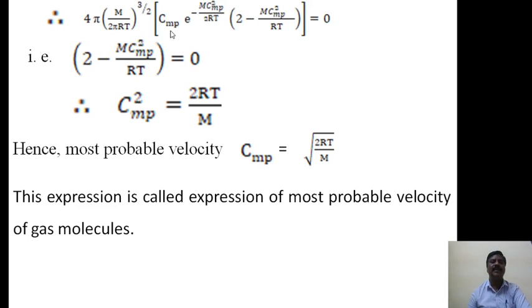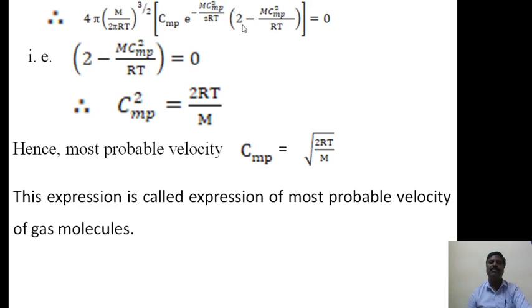We have taken it at its peak level, so it is 0. Therefore c_mp into e to the power of minus m c_mp² divided by 2RT into 2 minus m c_mp² divided by RT, close the bracket, another close the bracket, equals 0. Because this is a multiplying value, it goes to that side and becomes 0. This also transfers to that side and becomes 0.